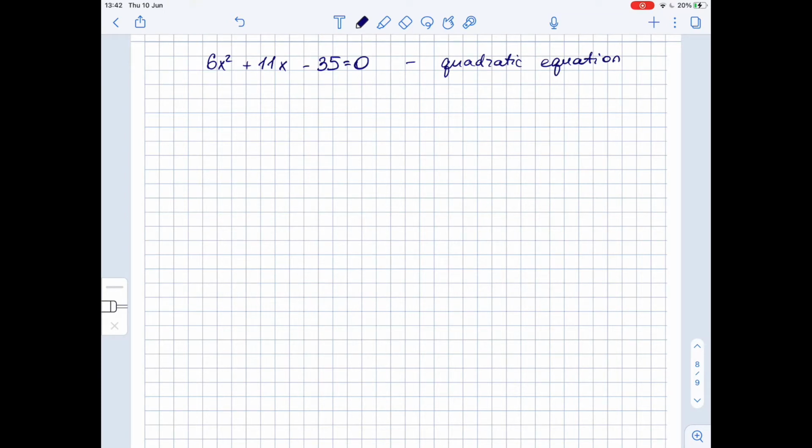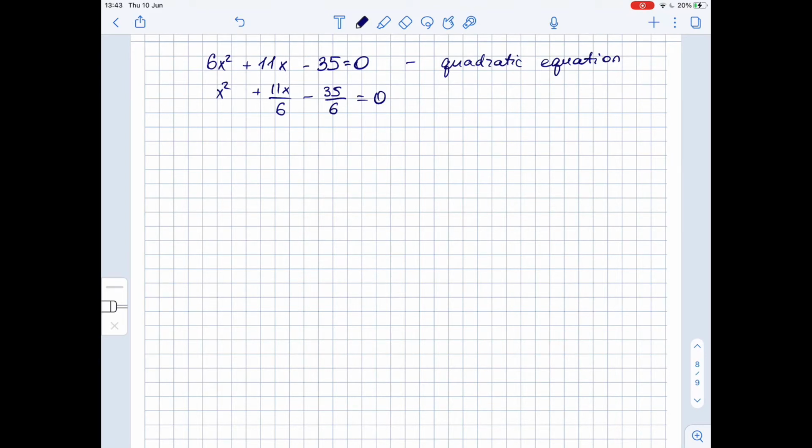Now that we know it's a quadratic equation, we have to solve it. We will start by dividing both sides of our equation by 6. So we'll get x squared plus 11x over 6 minus 35 over 6 equals 0.